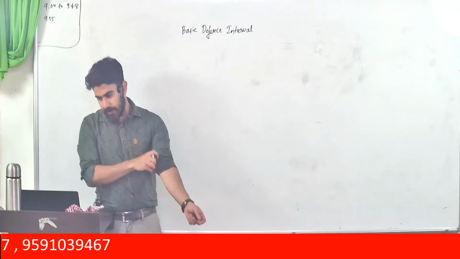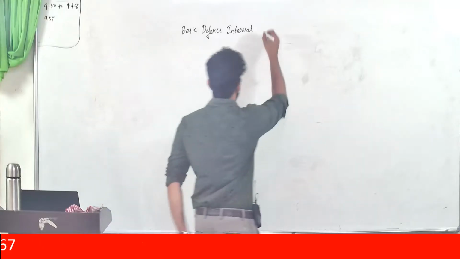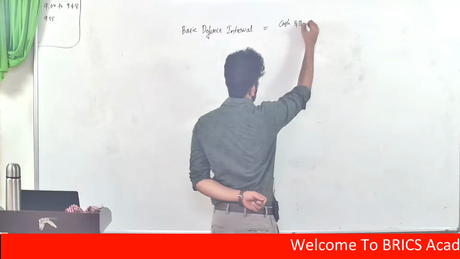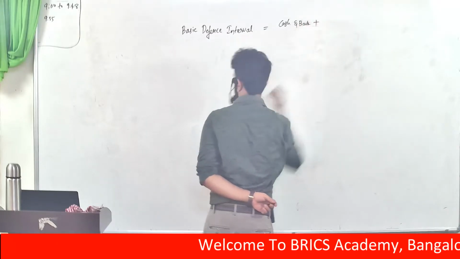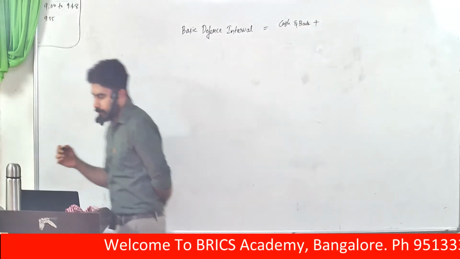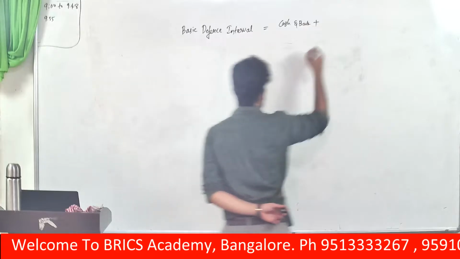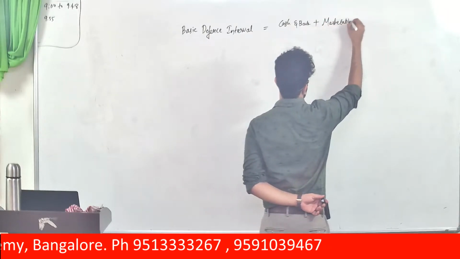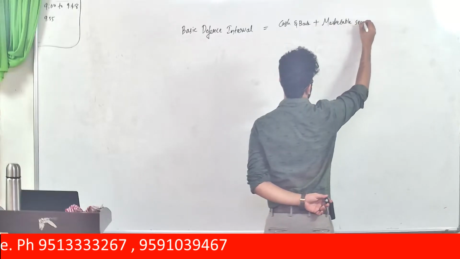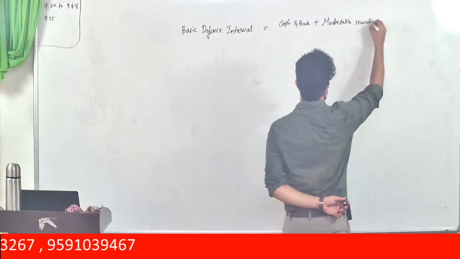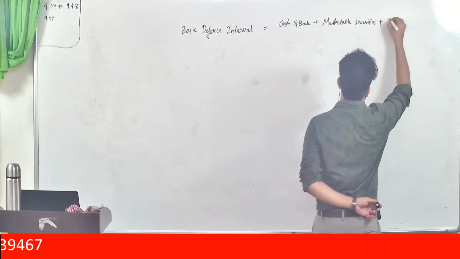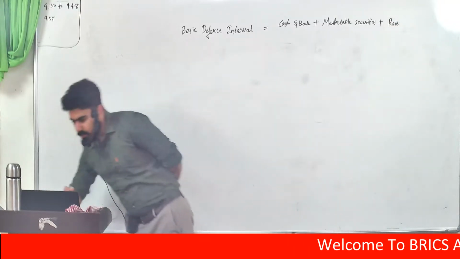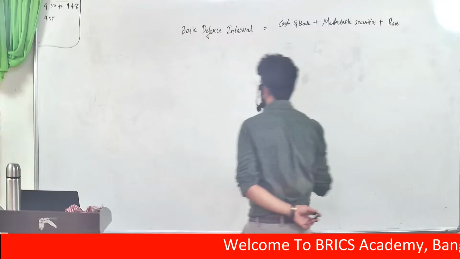You have two equations. Cash and bank plus marketable securities plus, basically, debtors or net receivables.